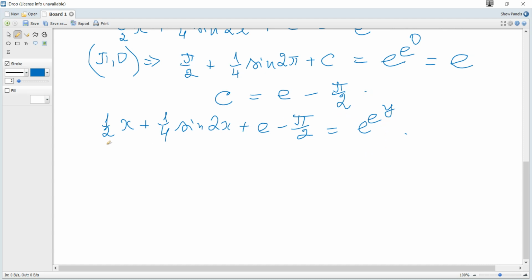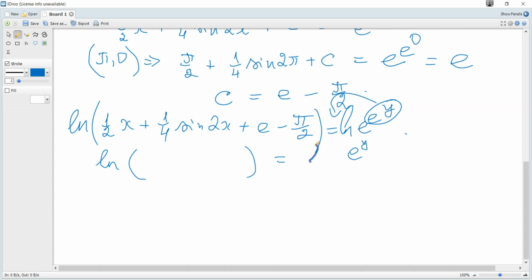Definitely we should take ln of both sides, and according to the property of ln, this exponent comes in front, so it becomes e to the power of y multiplied by ln e, which is 1, is equal to this ln.